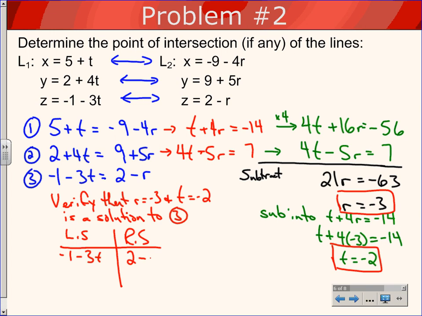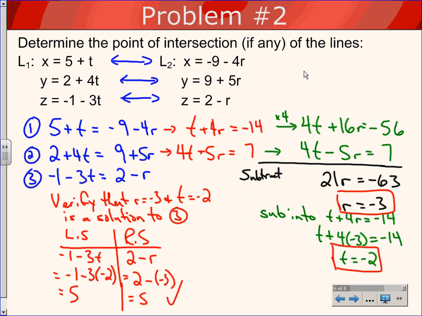I'm trying to see if it's actually correct or not. Minus 1 minus 3 times minus 2. So that's 5. And 2 minus 3, that's 5. So that's great news. That means that our solution actually does work in equation 3.